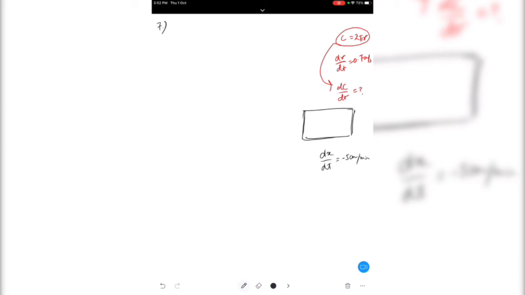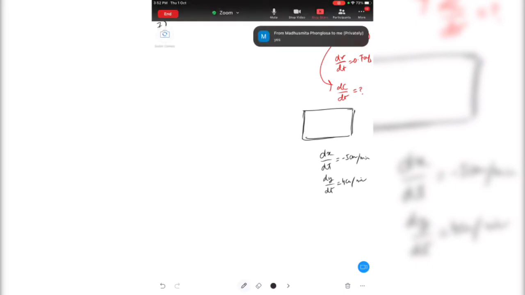Now the width y is increasing at a rate of 4 centimeter per minute. So dy/dt is equal to 4 centimeter per minute. Everyone clear or not? Yes or no? Understood? Now we know the facts.